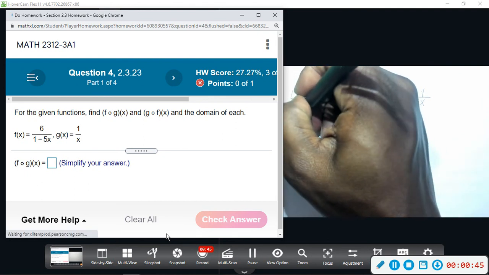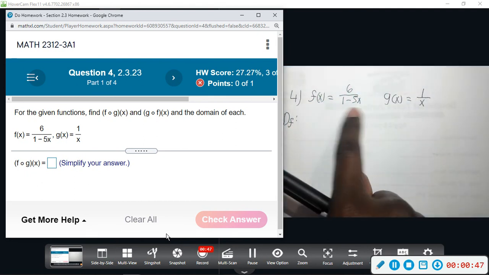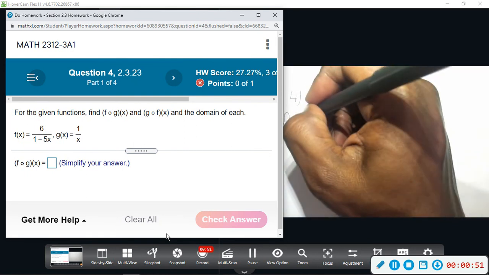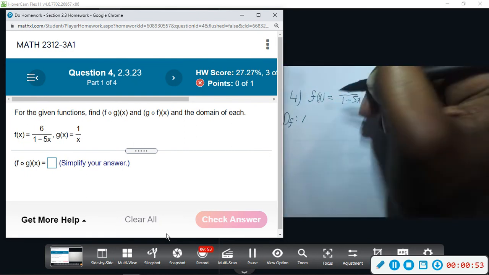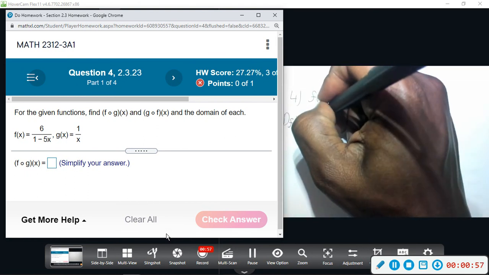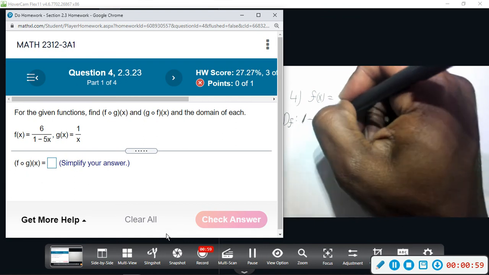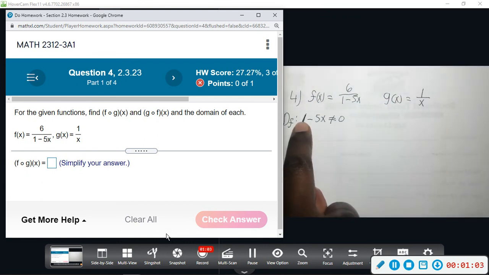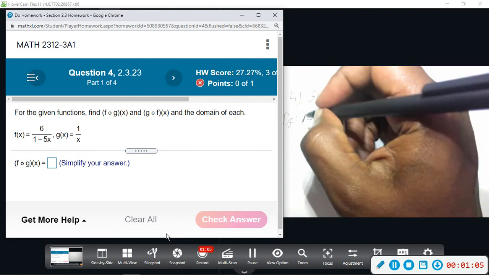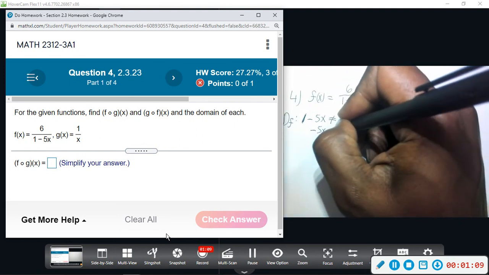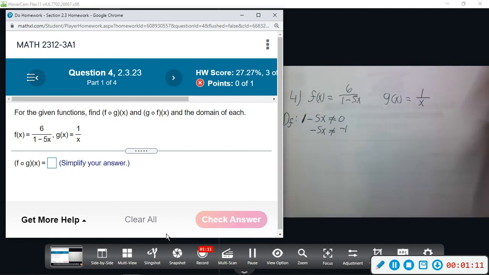So the domain of f, since we have a fraction, we have to take the denominator and set it not equal to 0. So 1 minus 5x cannot be equal to 0. We're going to solve for x. We move the 1 over, we subtract 1, so we get negative 5x cannot be equal to negative 1.